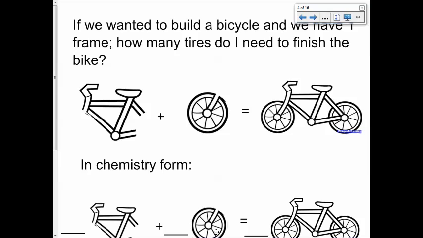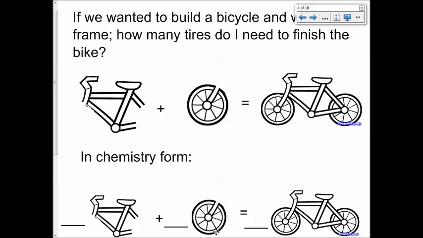Another simple thing, because students never forget how to ride a bike, is let's do this another way. If I want to produce a bicycle, and we have one frame, how many tires do I need to make a bike? This is another example of a mole-to-mole ratio. If I have one frame and I want to make a bike, how many tires do I need?